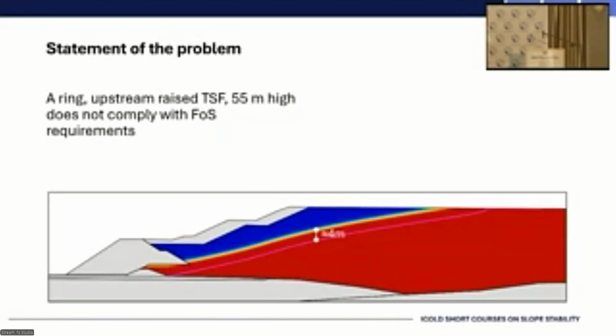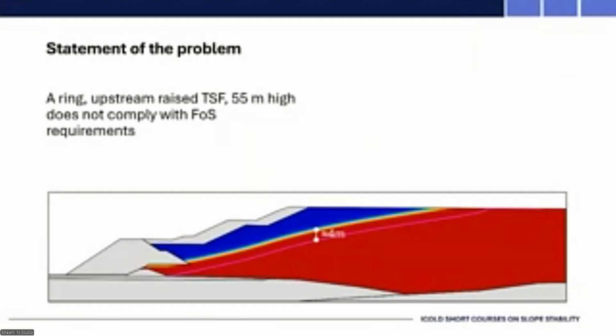The very narrow zone between saturated and dry behavior. What is that phreatic surface? It is the result of a very complicated steady state flow analysis that I will comment on a little in the next slide. So we have a factor of safety drained of 1.70 to 2.15.